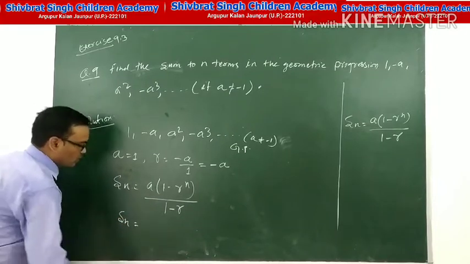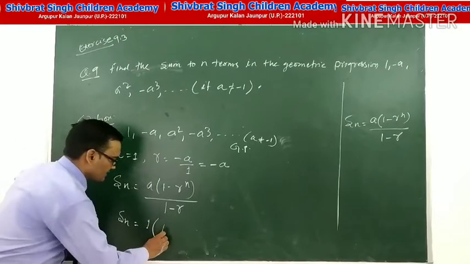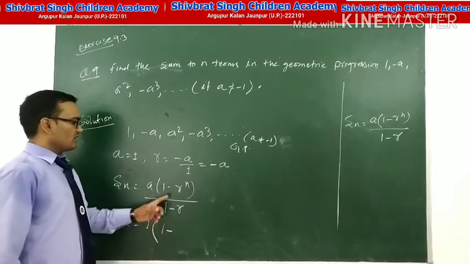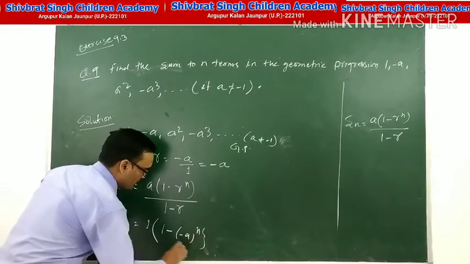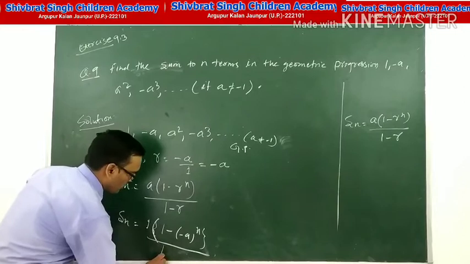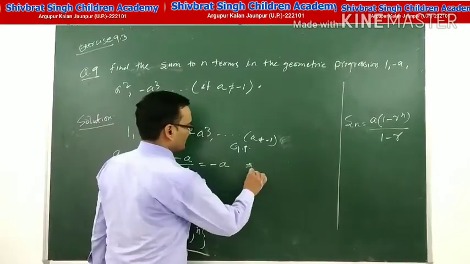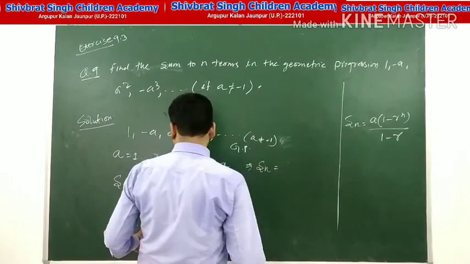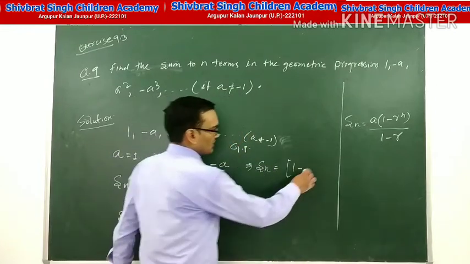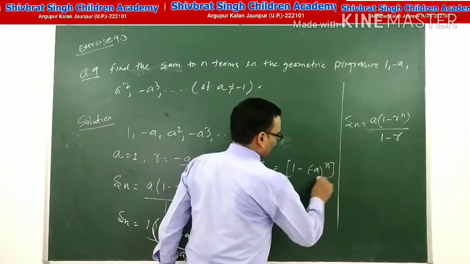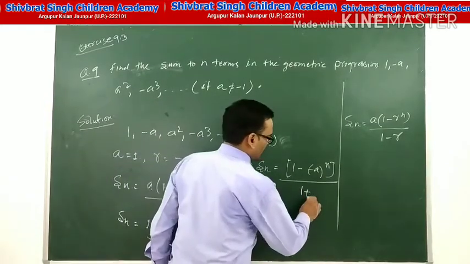Sn is equal to 1 minus (-a) to the power n upon 1 minus (-a), that is 1 plus a.